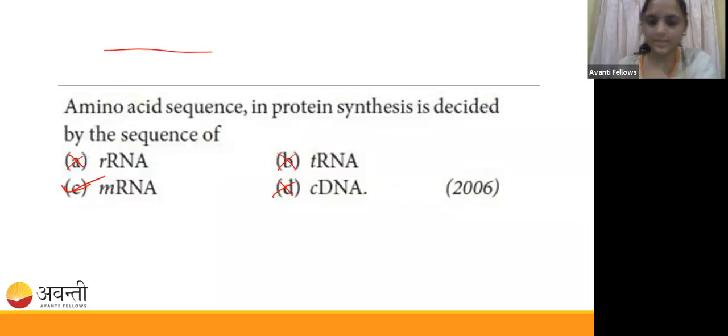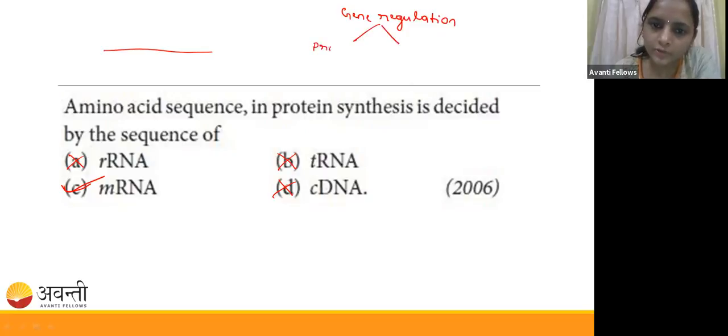Okay, guys, I will utilize this sheet. So, guys, when we come to gene regulation, it is different in the prokaryotes and the eukaryotes.